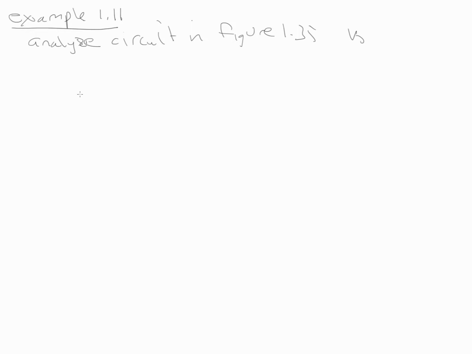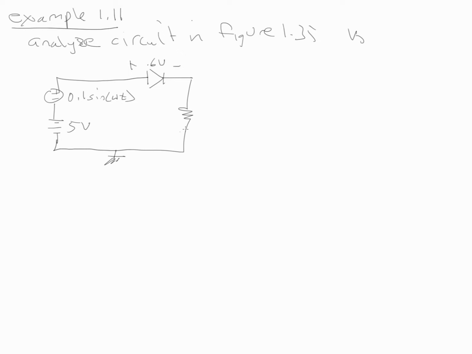That was the circuit I just previously drew, but they give you parameters now where this small signal is 0.1 sine omega t, and the power supply is equal to 5 volts, and we're told that this is 0.6 volts across the diode, and this resistor is equal to 5 kilo ohm. And again, this is our V out.